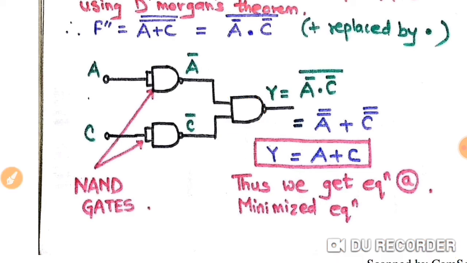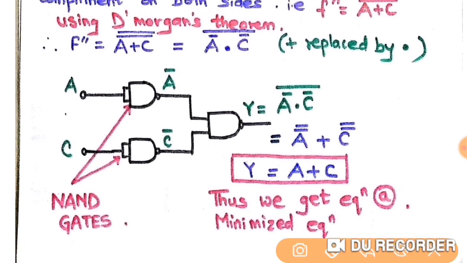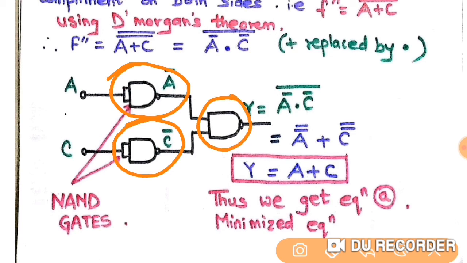So how many NAND gates do I have? Here A to A bar is one NAND gate, C to C bar is a second NAND gate, and then A bar and C bar ANDed and again complemented is one more NAND gate. So we have 3 NAND gates over here. These are all NAND gates.